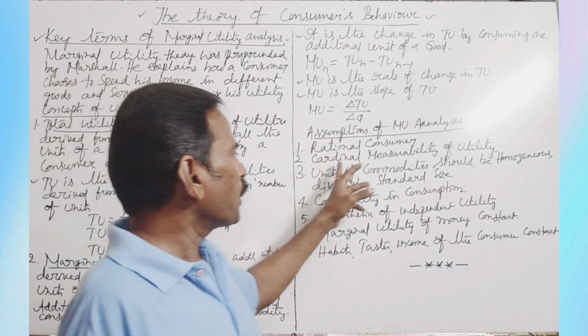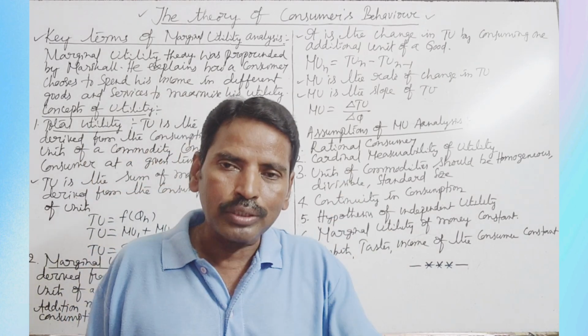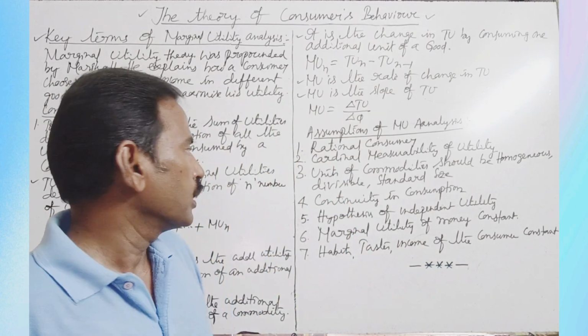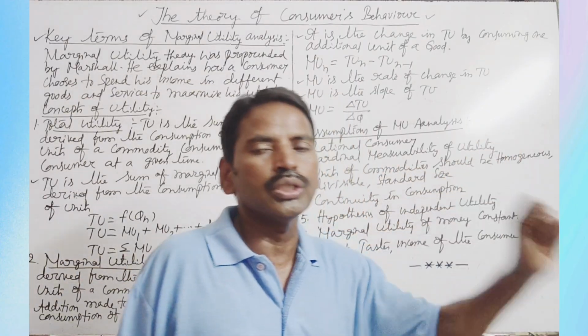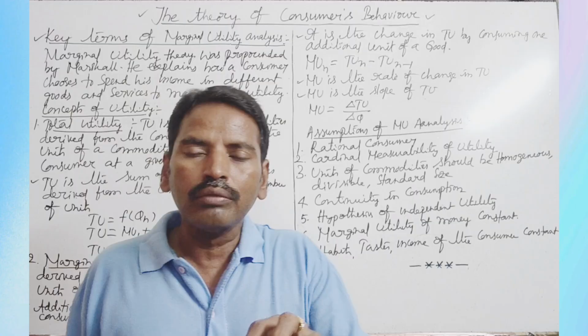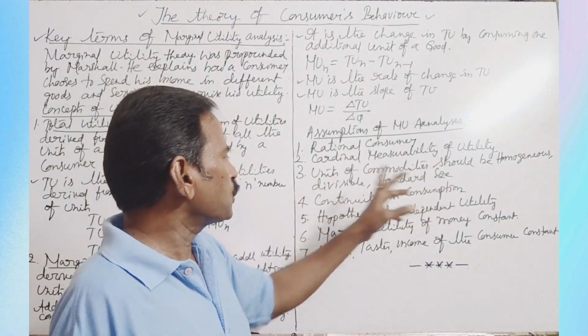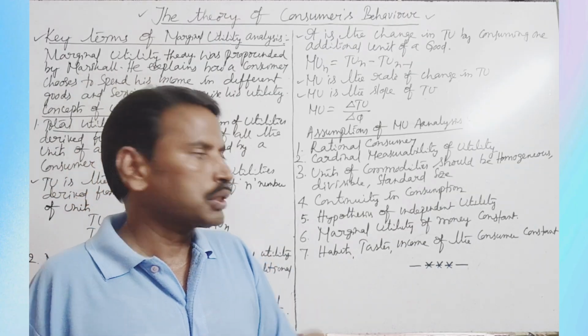Second one, cardinal measurability of utility. Utility can be measurable and quantifiable. Third one, units of commodity should be homogeneous, meaning identical.